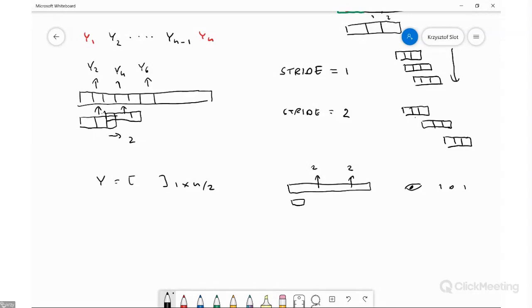But if I have a stride of 2, and for example this output number is 8, and this is the number 10, observe that these outputs become neighbors in my output representation.